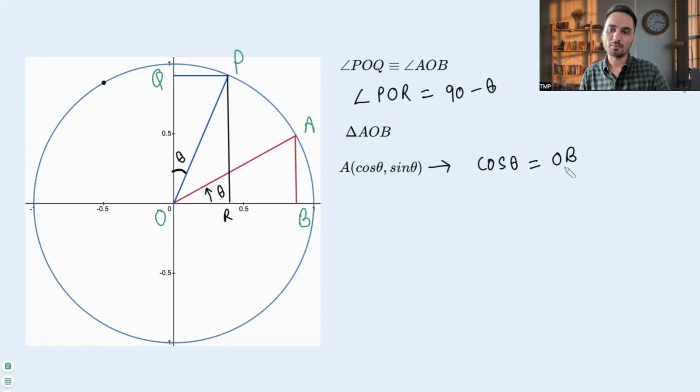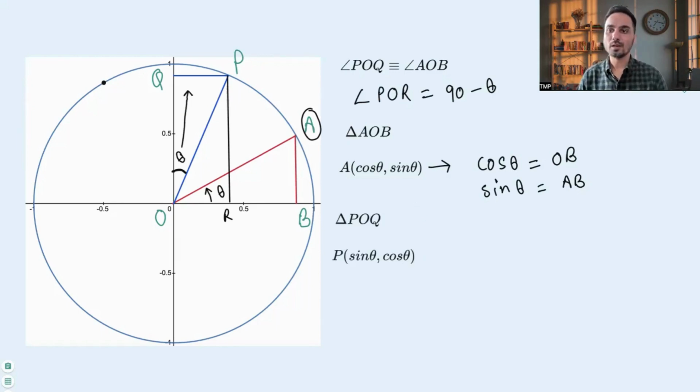So OB divided by 1, or I can just write it as OB. And sine theta is the same as opposite side divided by hypotenuse, and the opposite side in triangle AOB is AB.